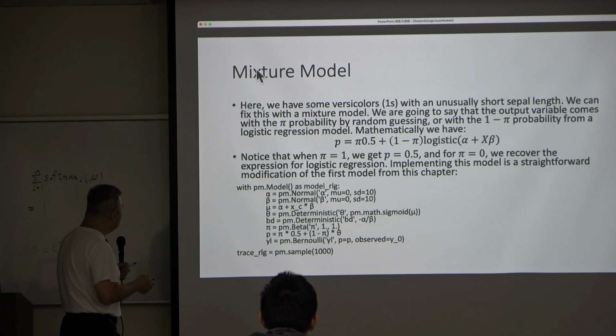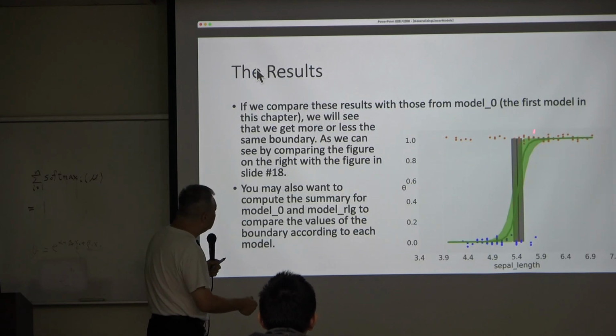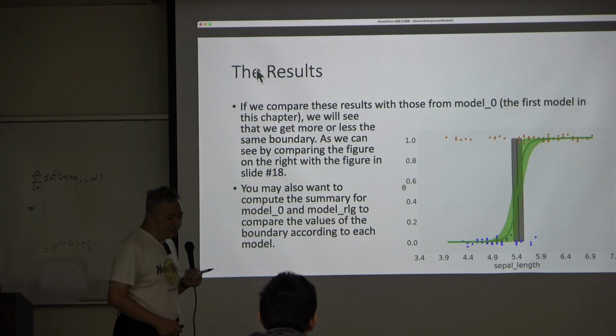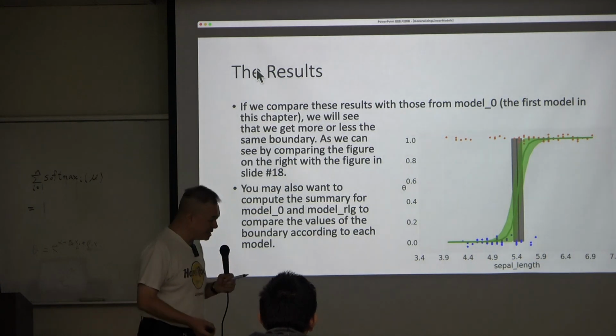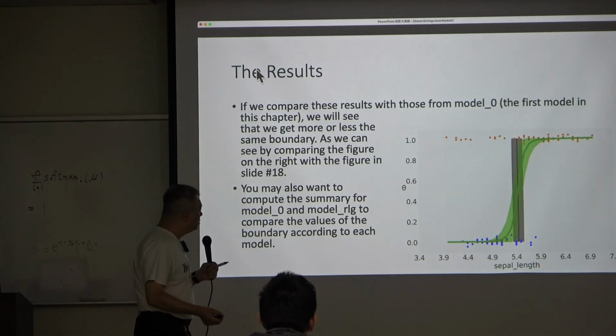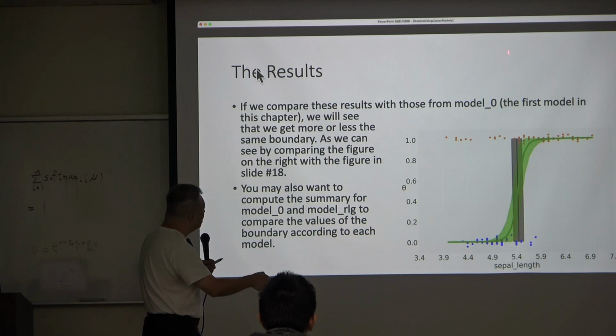You can see that if you use this robust logistic linear regression, the mixture model approach, this boundary does not get affected that much by these outliers.